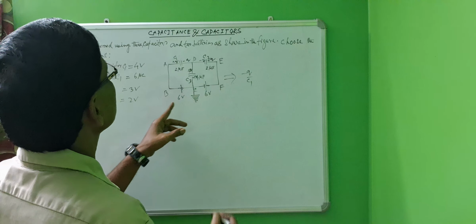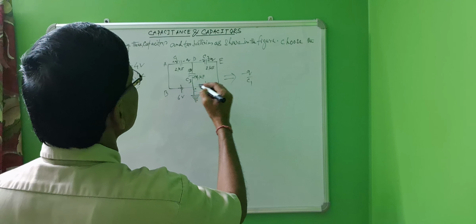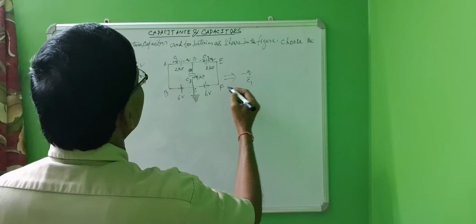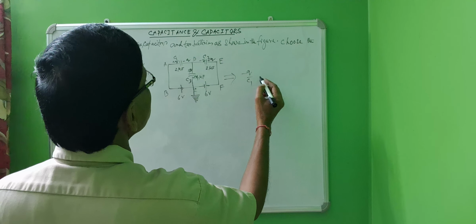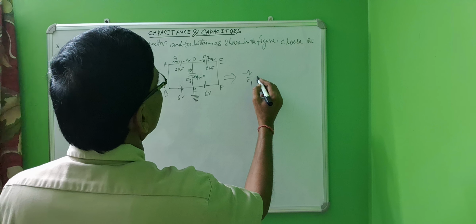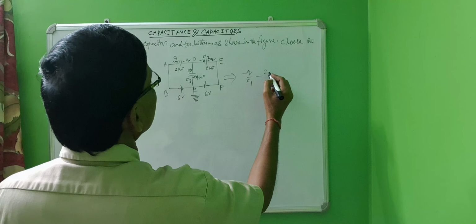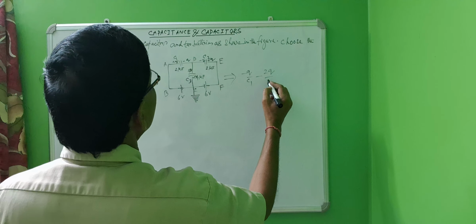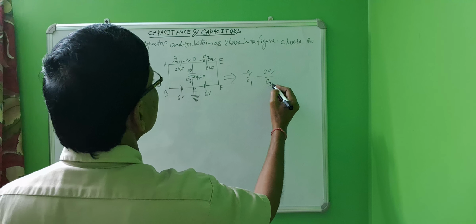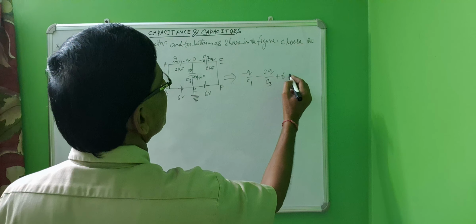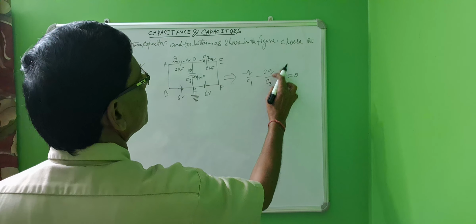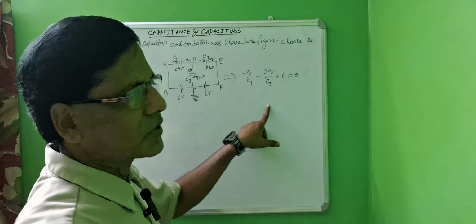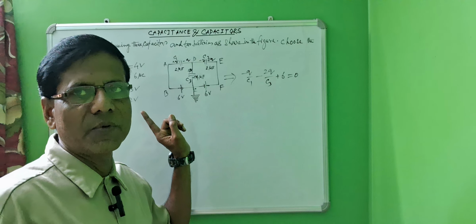So minus Q by C1, here minus twice Q upon C3, plus 6 equals 0. This is Kirchhoff's second law for the ABCD loop.